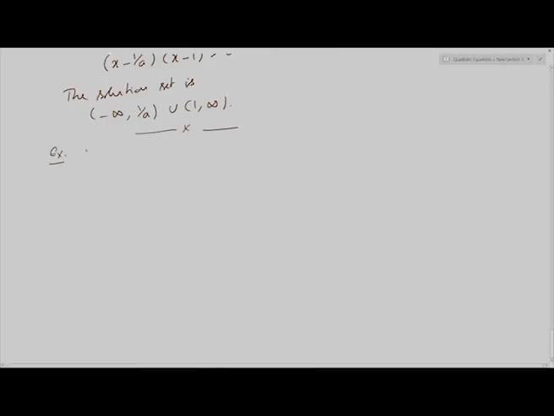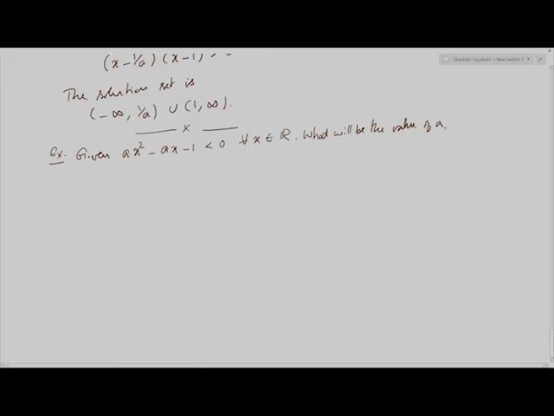For instance, let us say it is given that a x square minus a x minus 1 less than 0 for all x belonging to the real line. A is an unknown parameter, and we are interested in finding what will be the value of A.